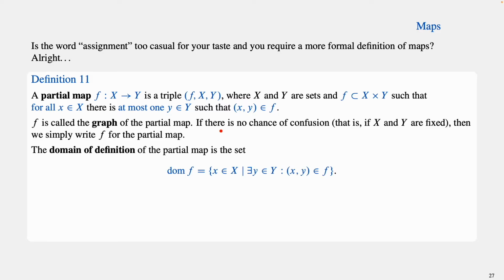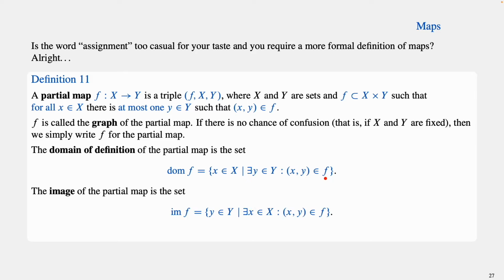The domain of definition of the partial map, dom f, is the set of all x in the input set X for which there exists an output value. So for which there exists an element y such that the pair (x, y) is contained in this subset f, in the graph of the partial map.